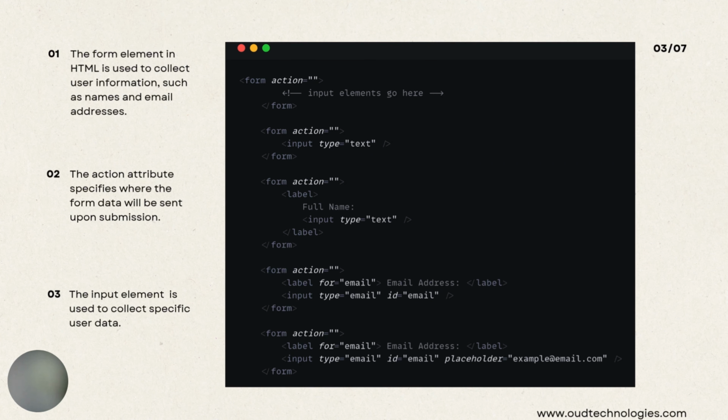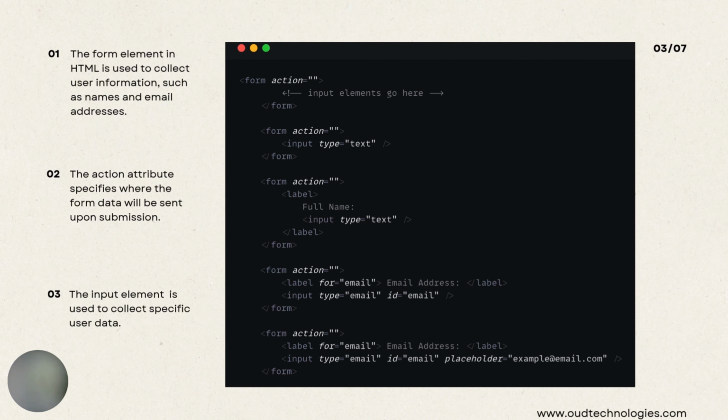So for this label to be associated with this input tag, you need to give the input an ID of the same value the for attribute has, right? So the for attribute value has to match the ID attribute value for the input, right?